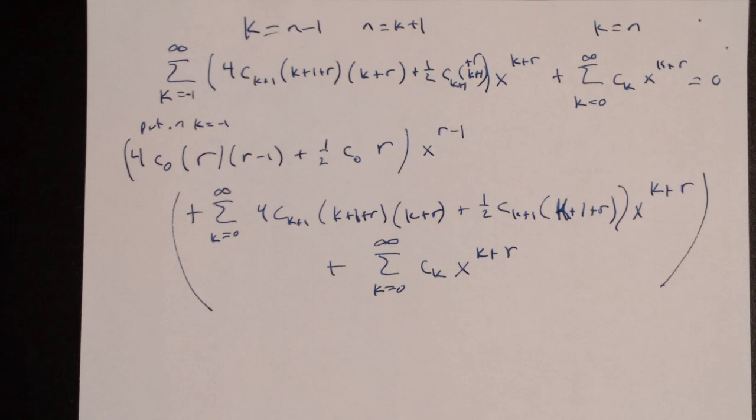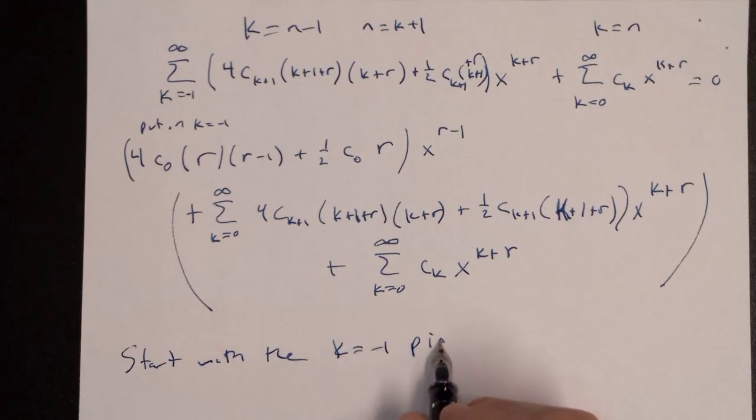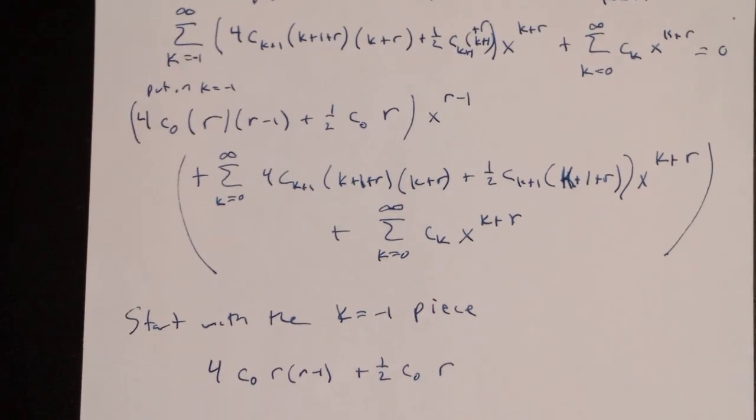Let's start with the one extra piece. This piece, c0 r minus 1 plus 1/2 c0 r, right? That's the coefficient for x to the r minus 1.